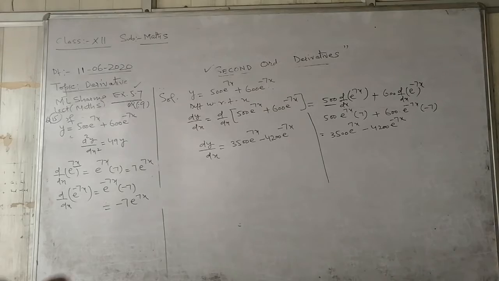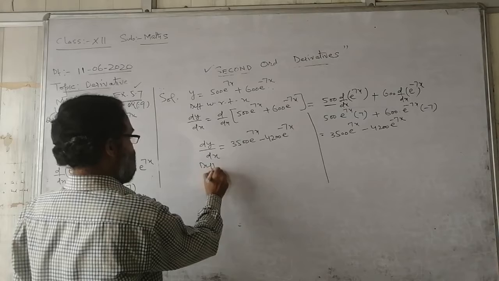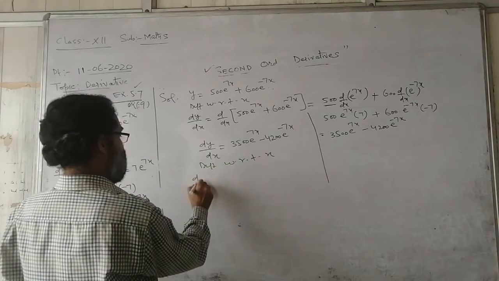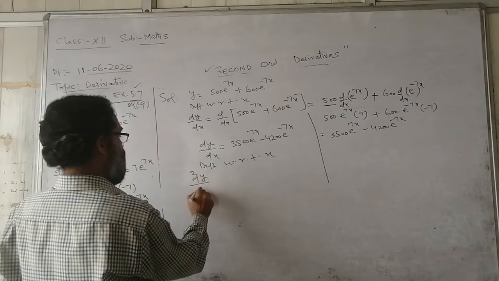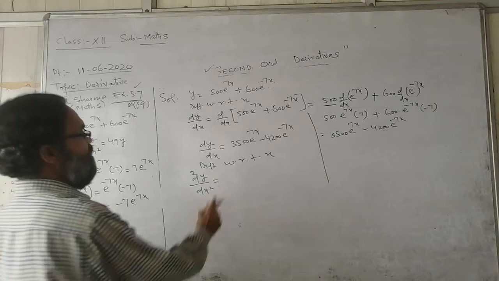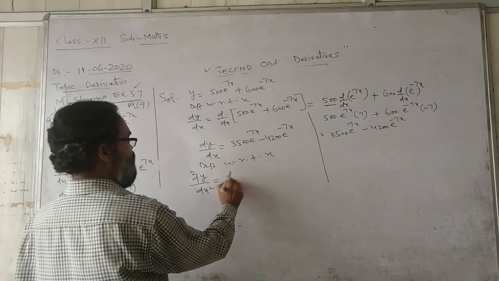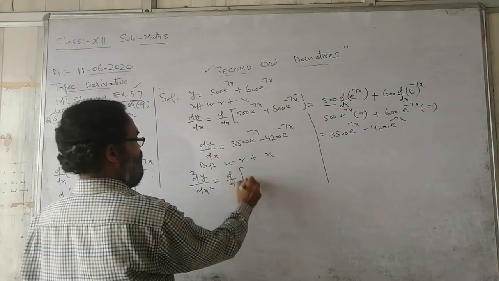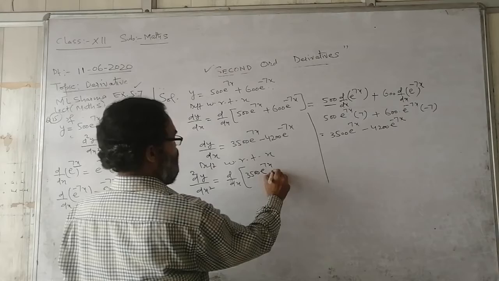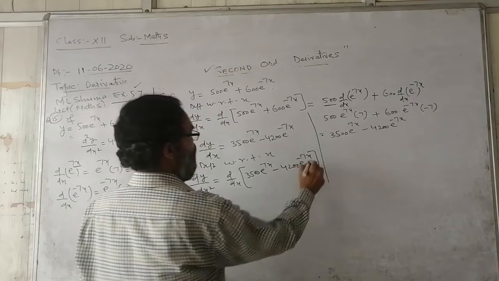Now the second order derivative I have to find. So again differentiate with respect to x both the sides. So this will be d2y upon dx2, and the derivative d upon dx of 3500 e raised to power 7x minus 4200 e raised to power minus 7x.